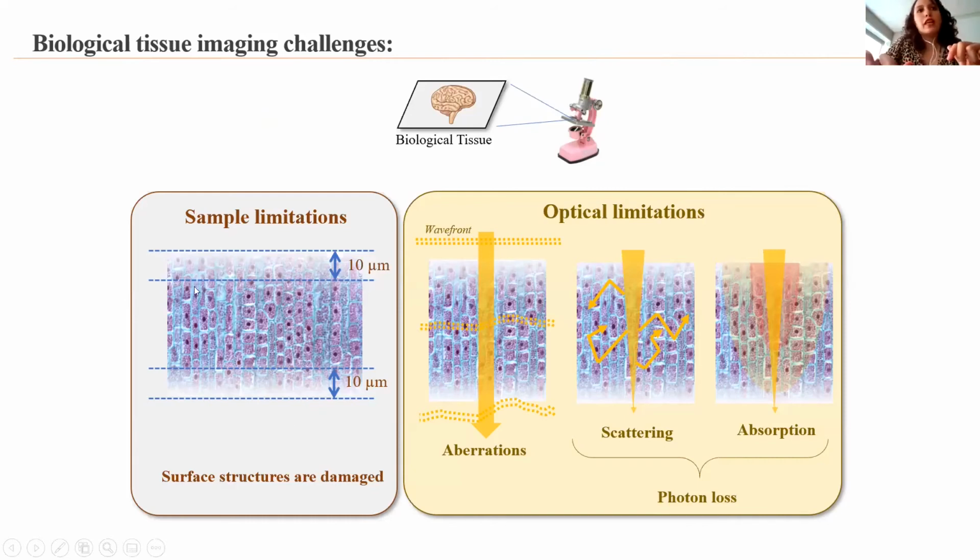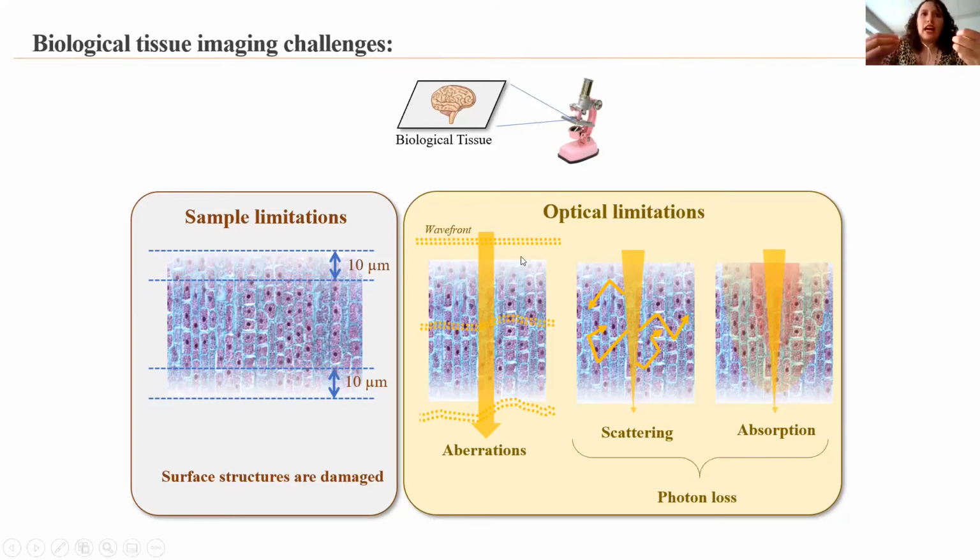So we have to image deeper so that we can understand the biology behind it in a more accurate way. Also, if we want to image intact tissue, sometimes we have to go hundreds of microns inside the tissue to target whatever we want to image.